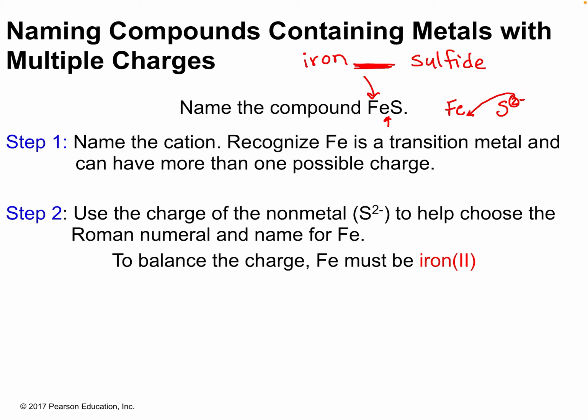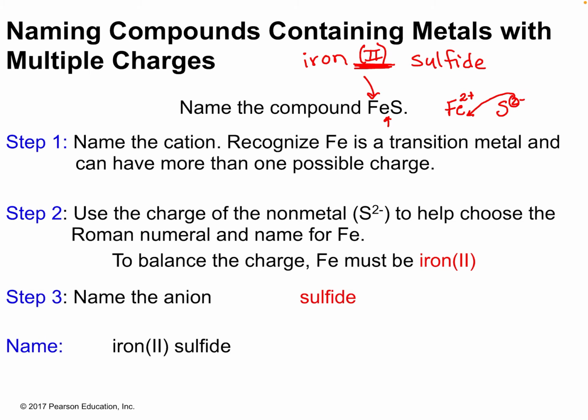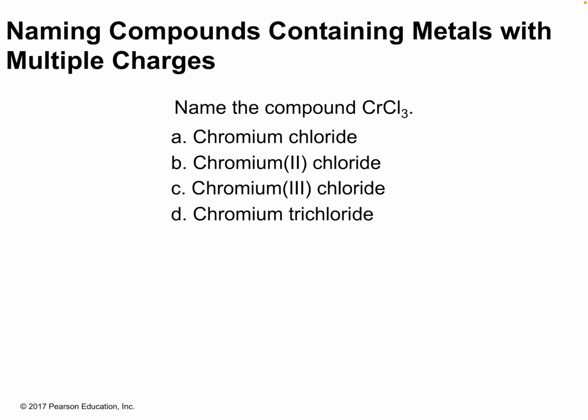So if there's no subscripts at all, that means the iron and the sulfur have exactly equal and opposite charges. So if sulfur is a 2 minus, that means that iron must be a 2 plus for those charges to cancel. So that means that we are going to get iron 2 sulfide. Okay? So there we go, iron 2 sulfide.